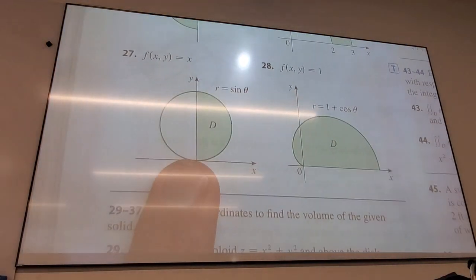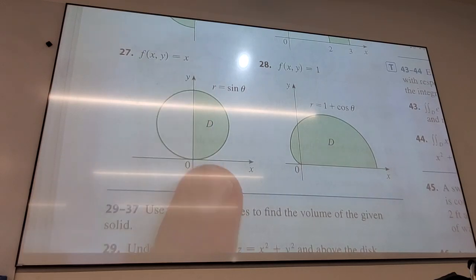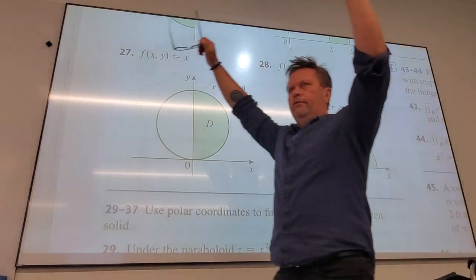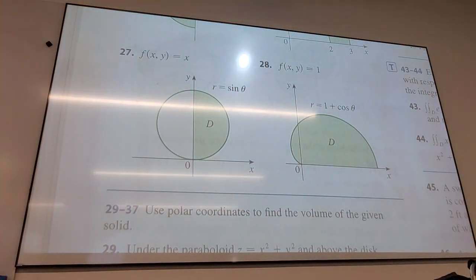That piece doesn't bother me at first. They've already sketched out the region I'm talking about. What is my angle going from and to, obviously? 0 to pi over 2. What if the other half was shaded? Pi over 2 to pi. Yes? So we've already got that figured out.